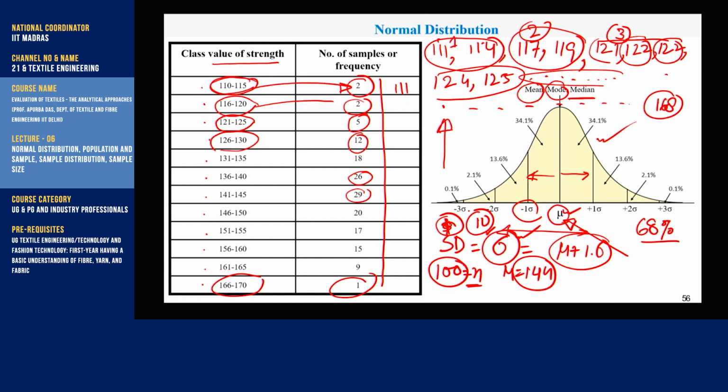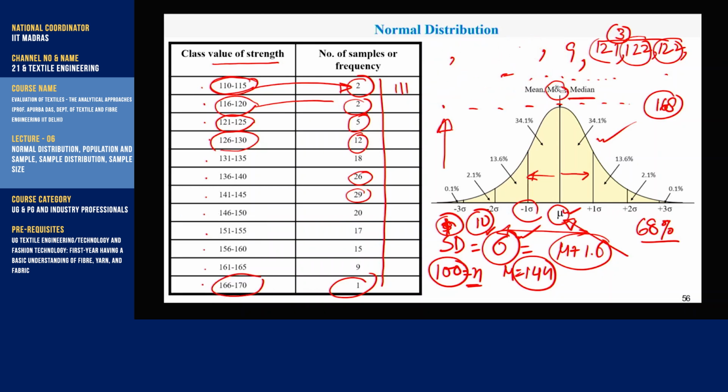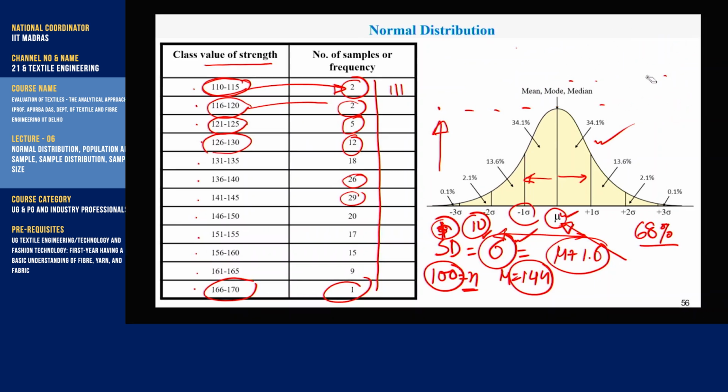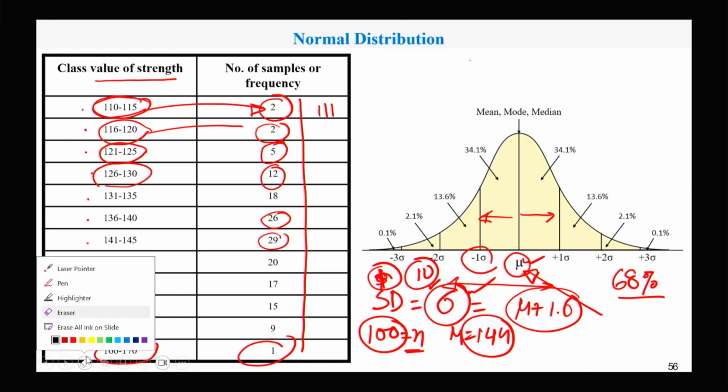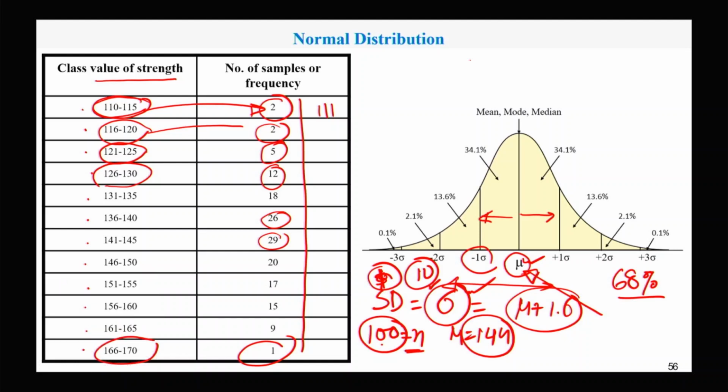So from this relationship, what we get is that the total number of data points here is 100, so mean 144 plus 10, say 155.